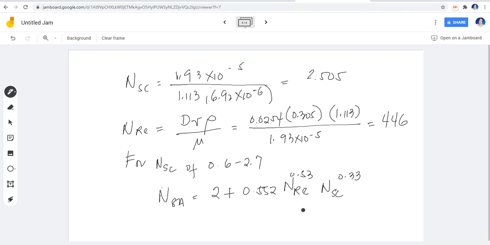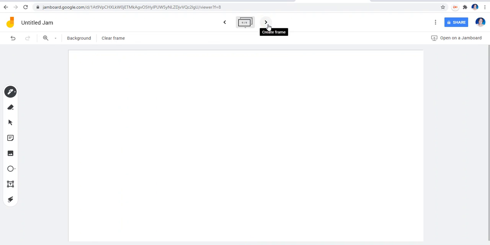So this is the formula that we will use. If we substitute values here for the Sherwood number, like 2 plus 0.552, the Reynolds number, which is 446, raised to 0.53, the Schmidt number, which is 2.505, raised to 0.33, our Sherwood number here will be 21.